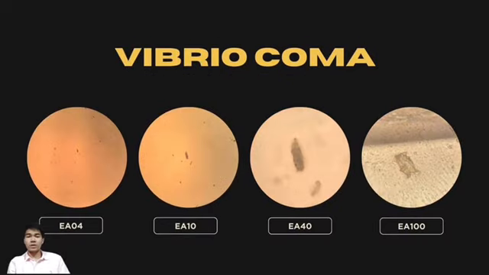Then the second one is the Vibrio cholerae, a marine bacterium associated with aquatic environments. It has comma-shaped, curved bacterial cells, often with a single flagellum and appearing slightly curved or spiral. The color can vary, but it is commonly gram-negative.